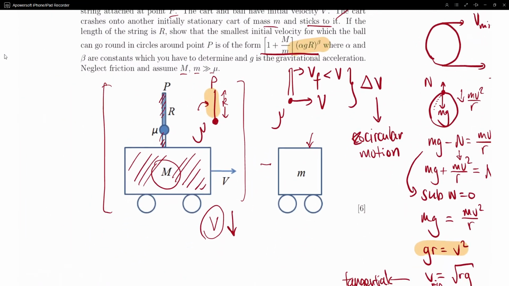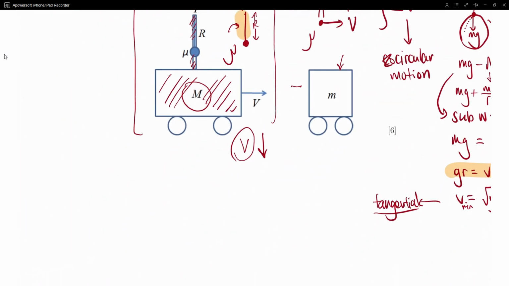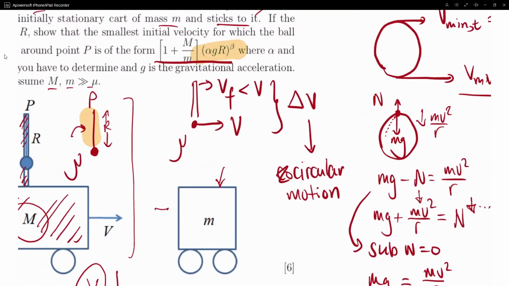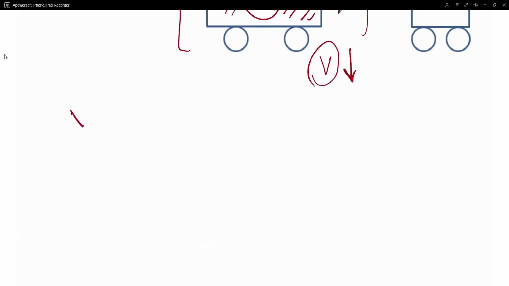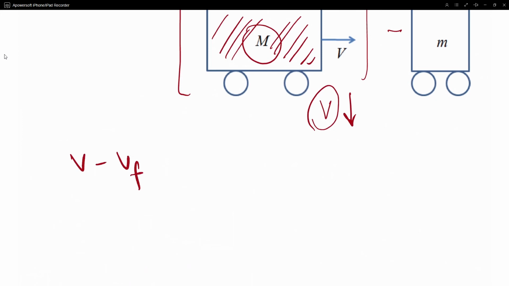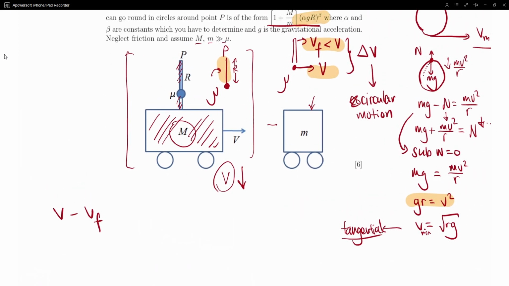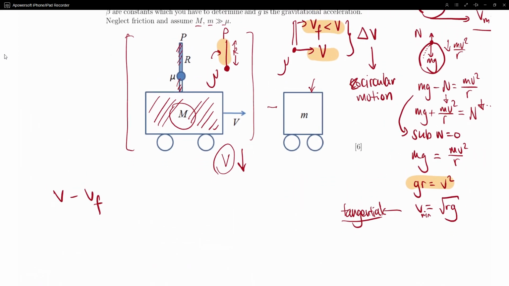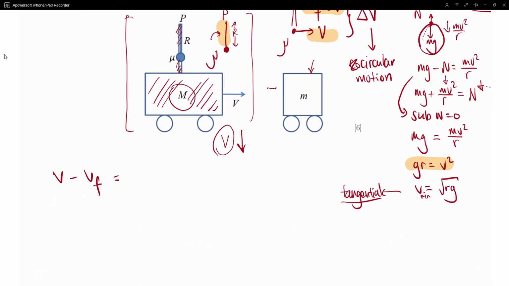Okay, next we need to analyze these velocities, because we want to find v minus v final, which is going to be the relative velocity of your mass mu. We're going to have to make this root 5rg.